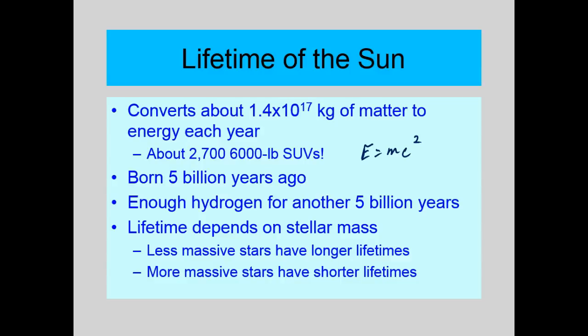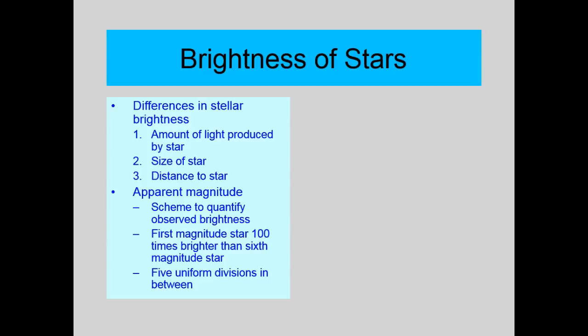No, they don't. They're burning it so much faster. Now, I say burning, that's not really the right word, but that's what the astronomers use too. I just got used to saying it. It's really fusing much faster. So the more massive stars have shorter lifetimes, less massive stars have longer lifetimes. So we're right in the middle.